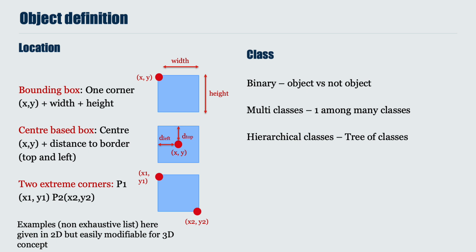And for the class, you may have multiple ways of classifying. It may be just binary, object versus not object, if you have only a single class to look into in your image. It could be multi-class, so like we had before with the multiple animals, you have to choose one among the many classes.